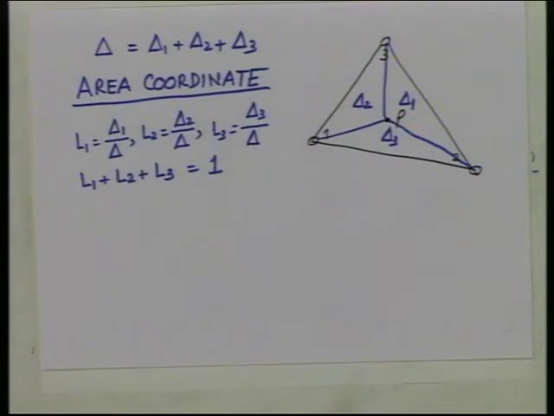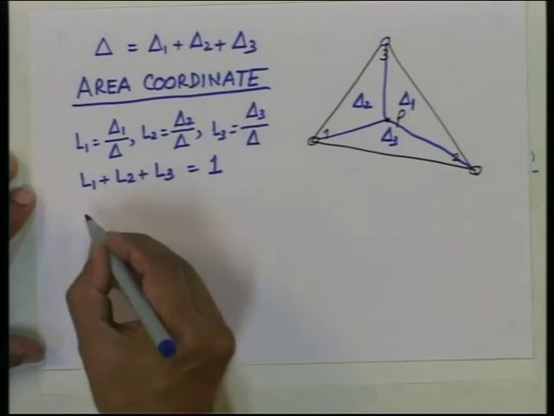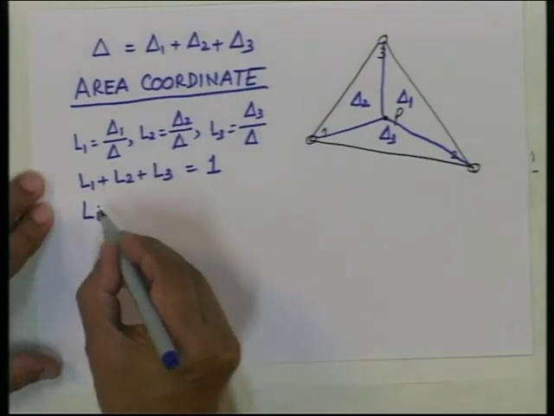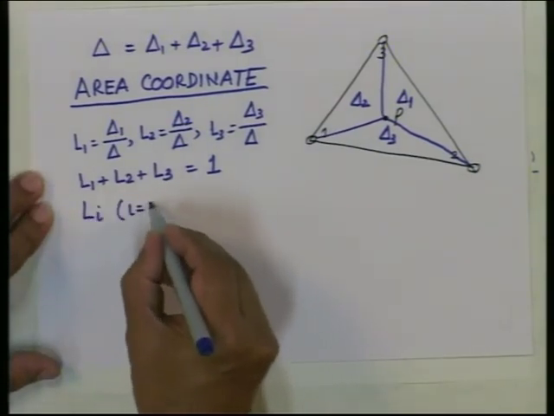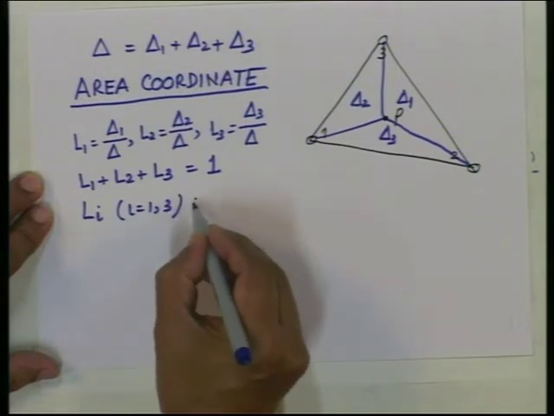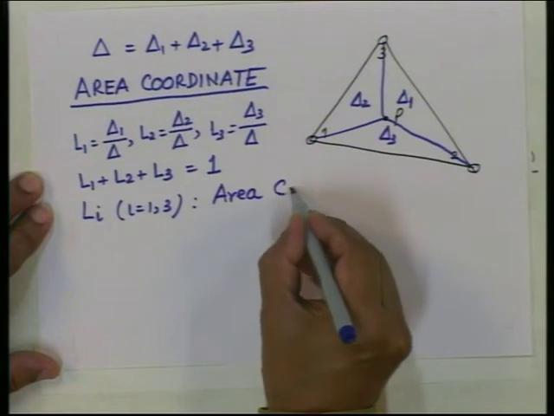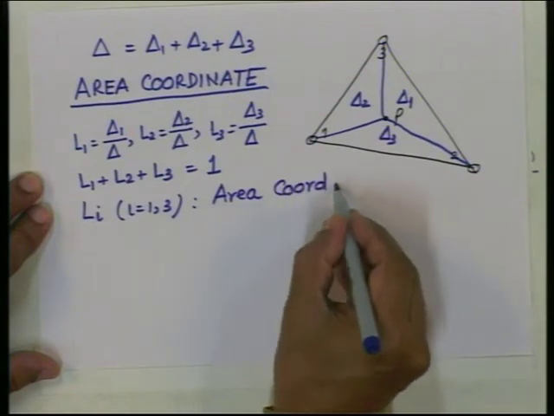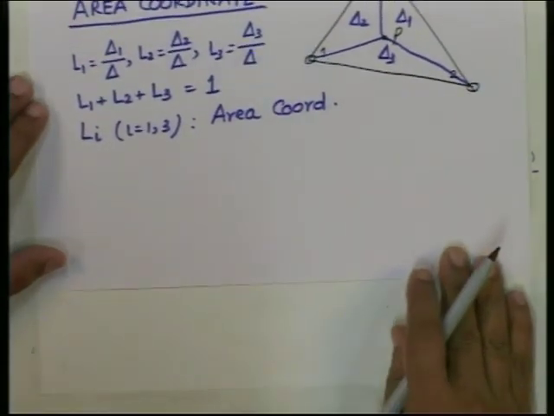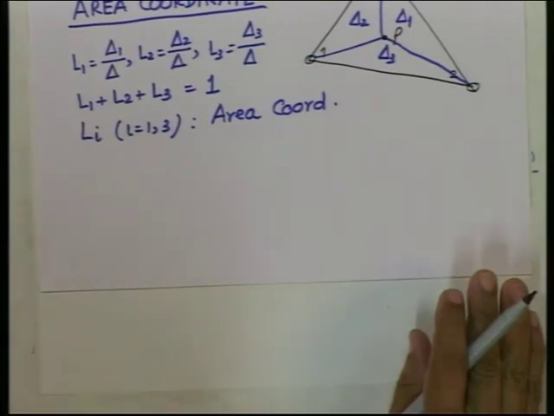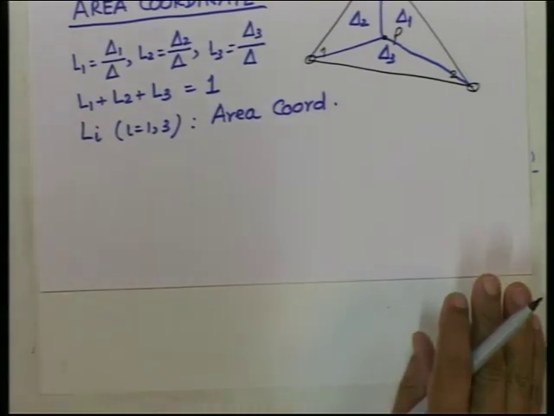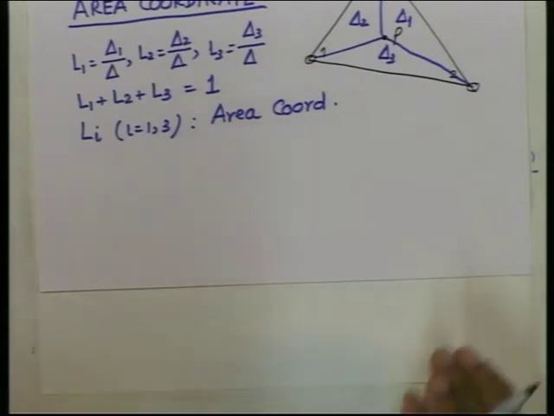These are called area coordinates, Li, i going from 1 to 3.